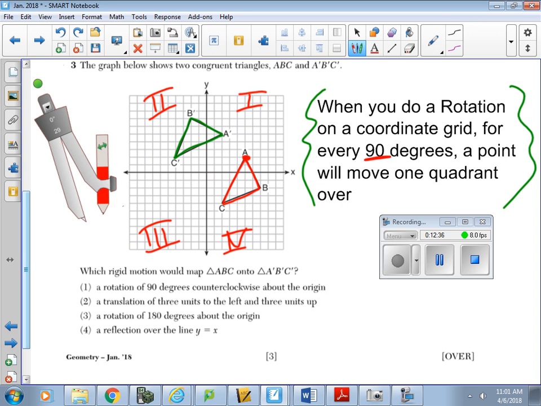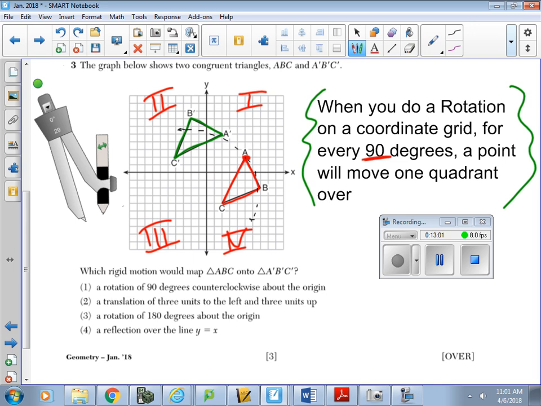If it were to be rotated 90 degrees either way, it wouldn't matter clockwise or counterclockwise, it would end up in the second quadrant, somewhere over here, or if it was this way, it'd end up somewhere over here.